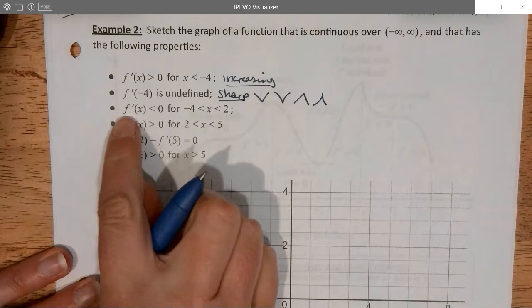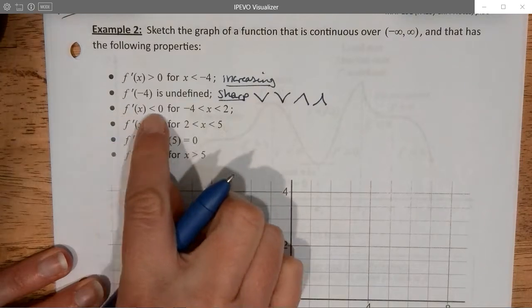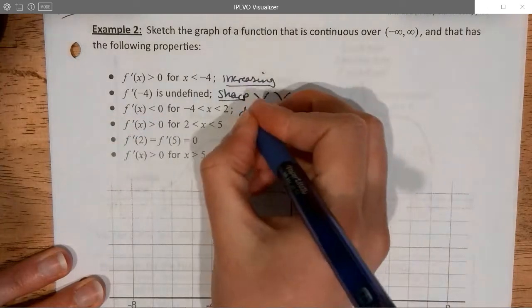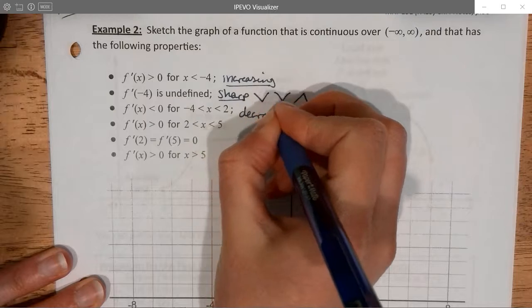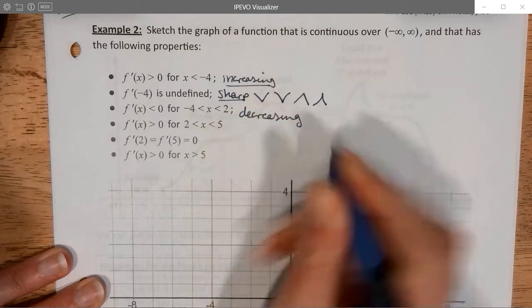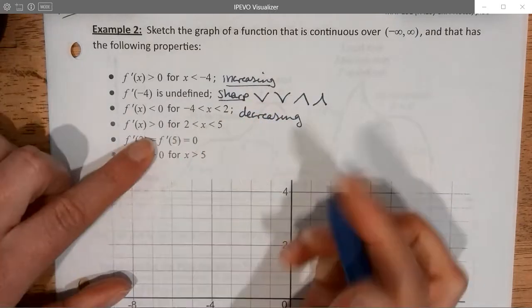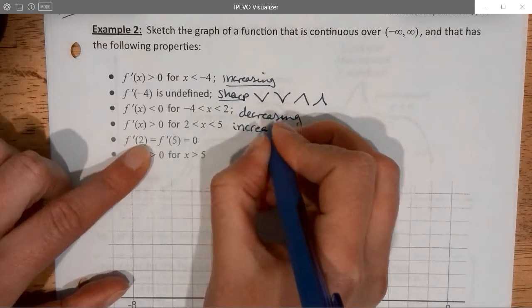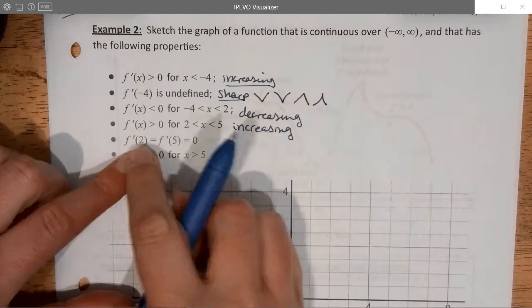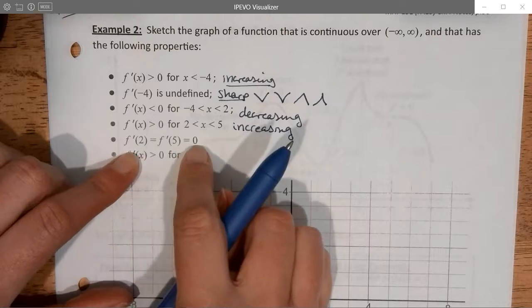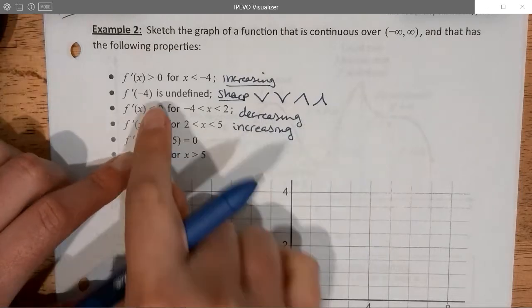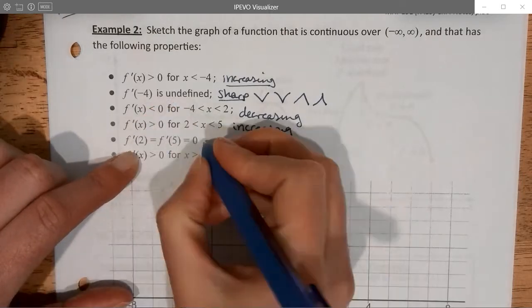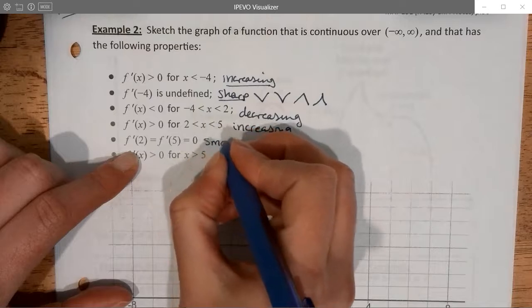I know that the derivative is going to be less than 0, so negative, so that means decreasing. Then I know the derivative is going to be greater than 0, so positive derivative means increasing. And the derivative is equal to 0 at these two places, so that's going to be, instead of the sharp undefined, smooth. If it's an extrema, it's going to be smooth.